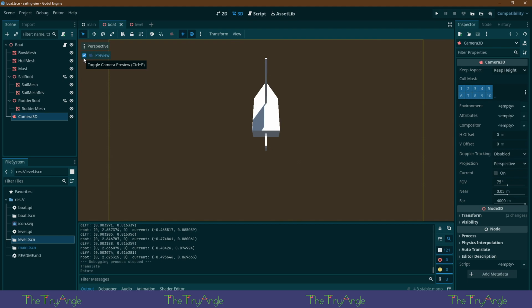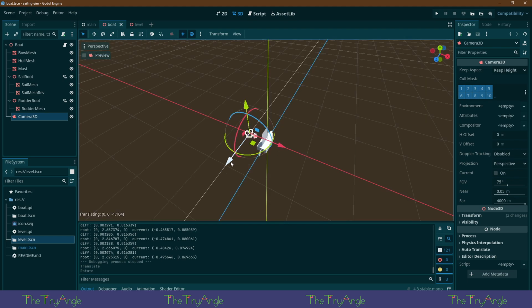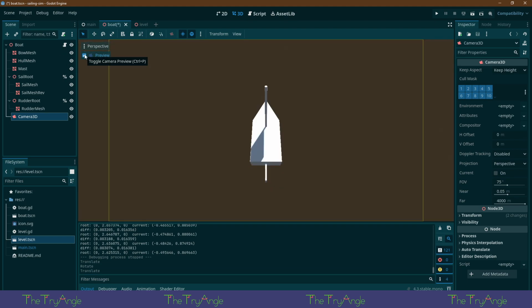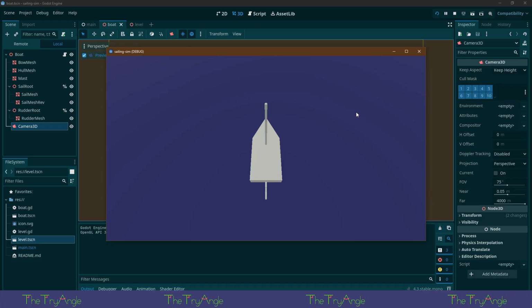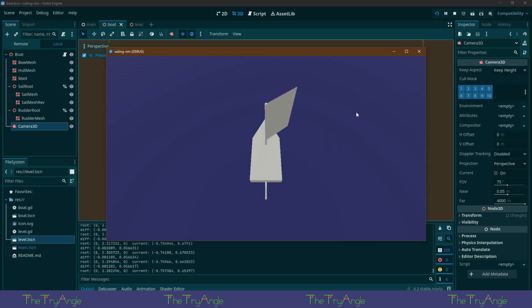What's our camera angle like? Yeah, okay. Slowly. Slowly. It's like it picks up speed a little bit. Over here.